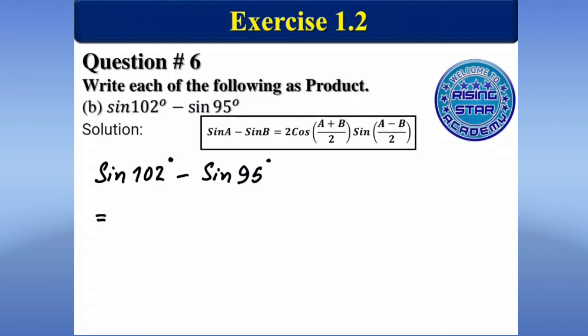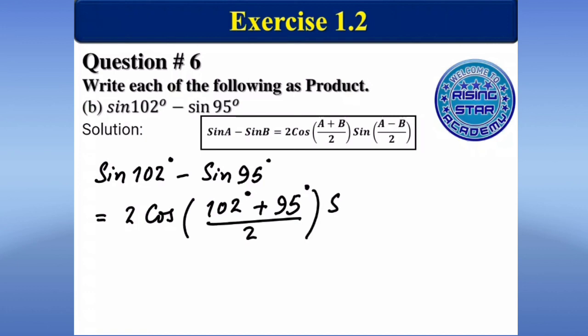So we have 2 cos of 102 plus 95 over 2 into sine of 102 minus 95 over 2.